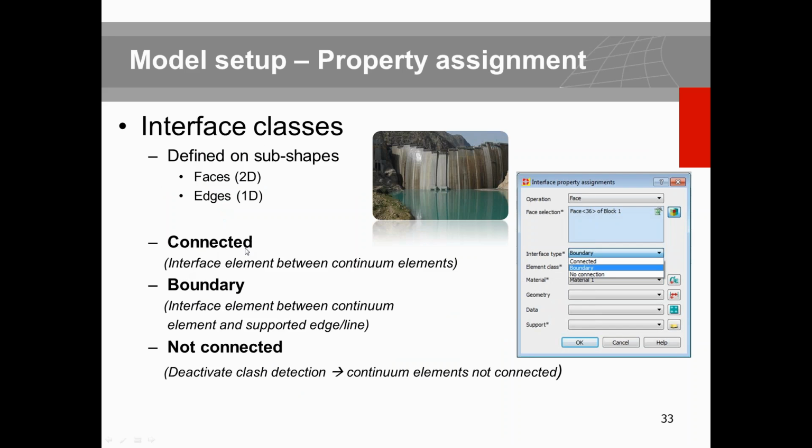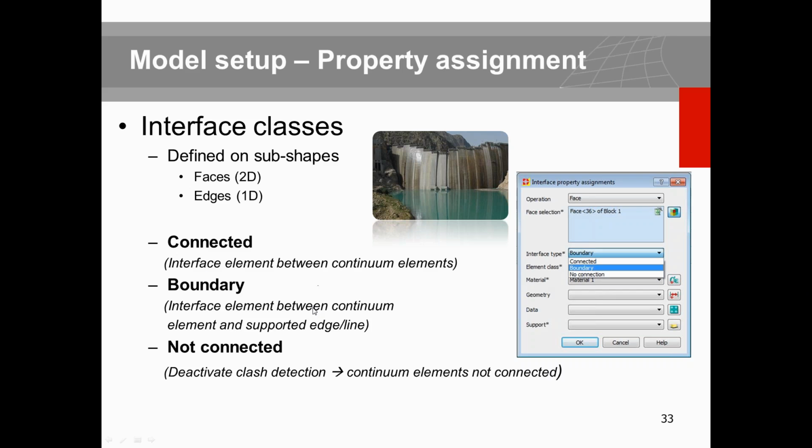If it's connected, it splits, creates an interface in between, and assigns the characteristic properties based on the material property selection that you have, and you can have further control on the number of integration points and other things associated to that interface. And click OK. The program considers that between these two geometry objects there is an interface.